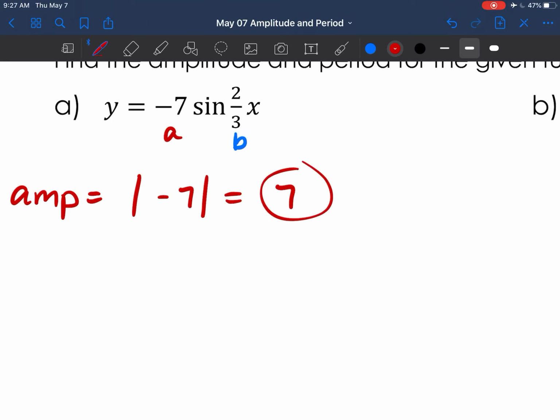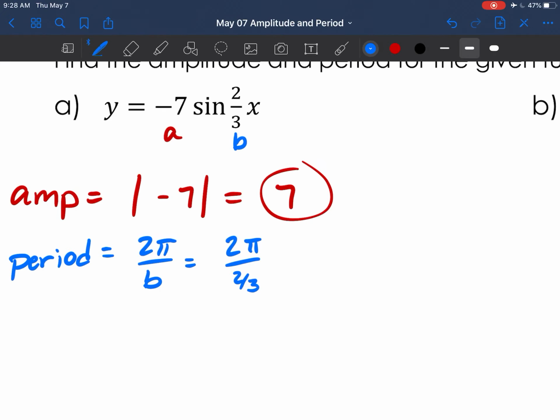That's the amplitude. The period, use the formula. So 2 pi divided by b. So in this case, b is 2/3, so 2 pi divided by 2/3.